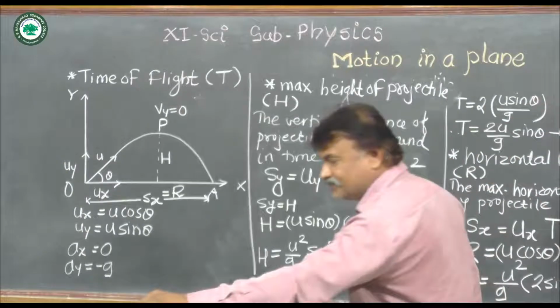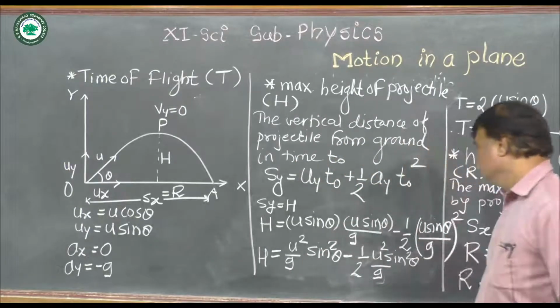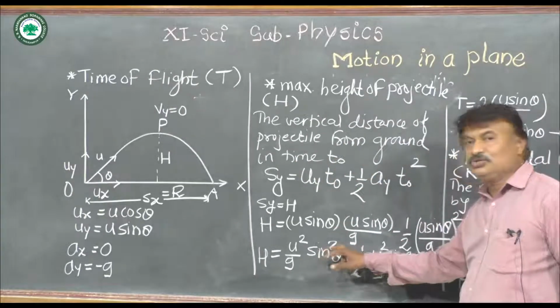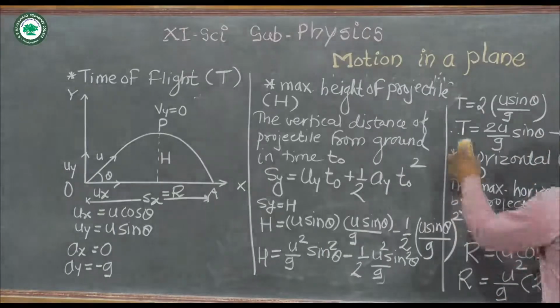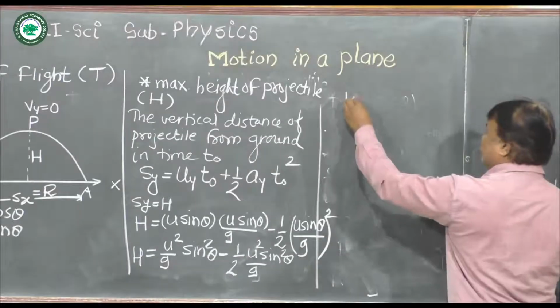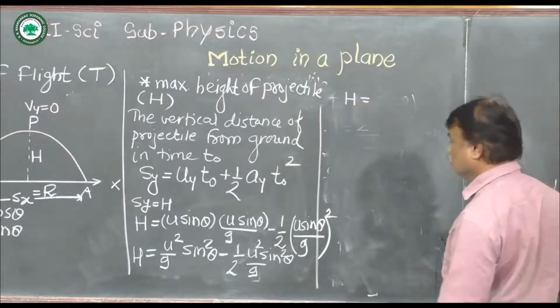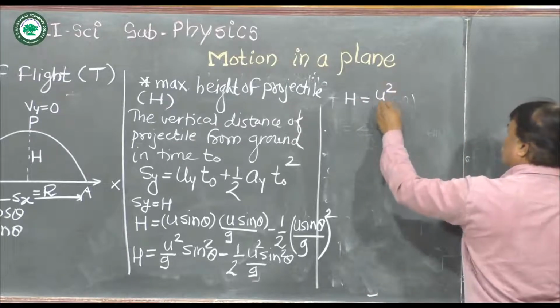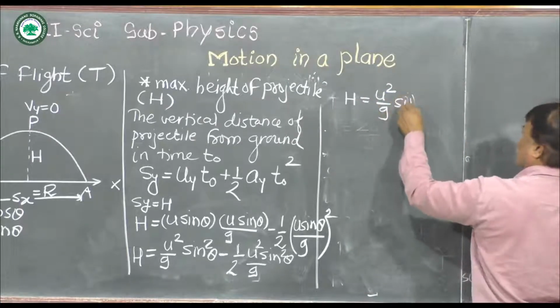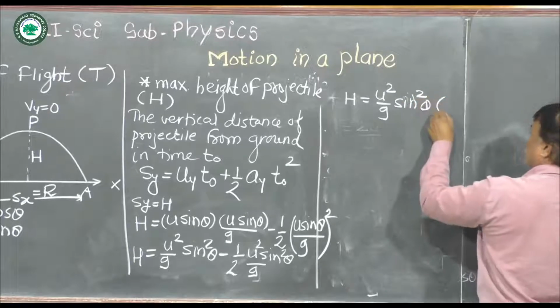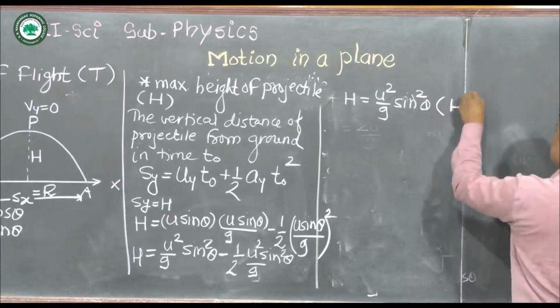Now from this we take common u square upon g into sin square theta. Then we get h is equal to, in bracket, 1 minus half.